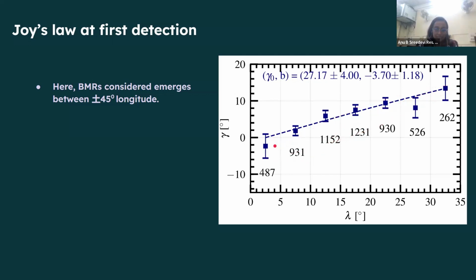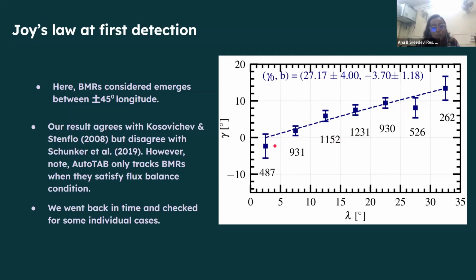I can see the increase. This was agreed by Stenflo and Kosovichev in their 2012 paper, but we disagree with Shankar et al. on the basis that BMRs emerge with the tilt.